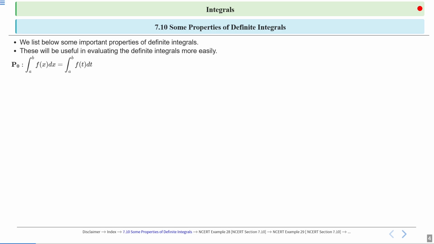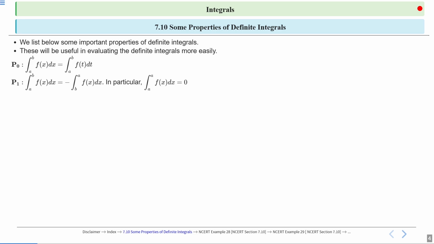We already changed the variable here. In the first, the variable is x, and here the variable is t. So this property says that if in a definite integral we only change the variable, the value doesn't change, the value is same. So we can change the variable without changing the value. Okay, this is property number 0.